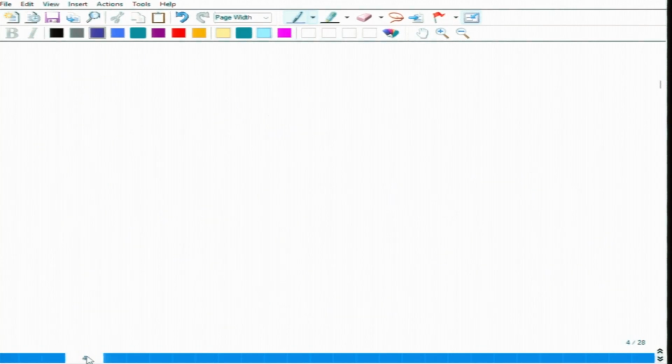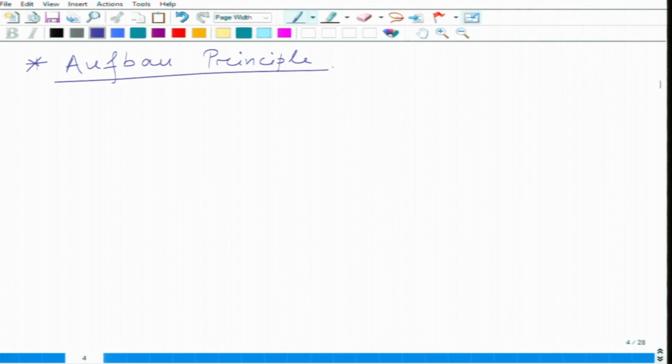Now, based on the n+L rule, there was another principle known as the Aufbau principle. Now, Aufbau is not the name of any scientist. Aufbau in German means building up.